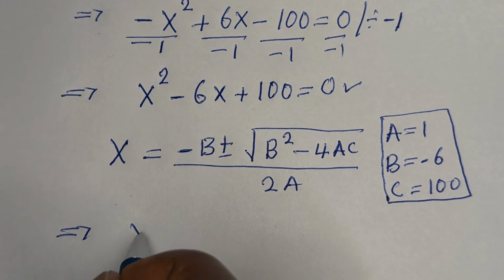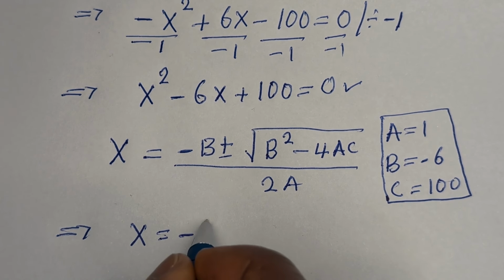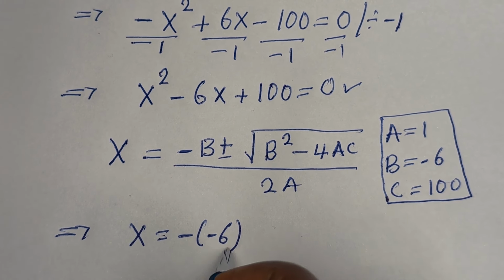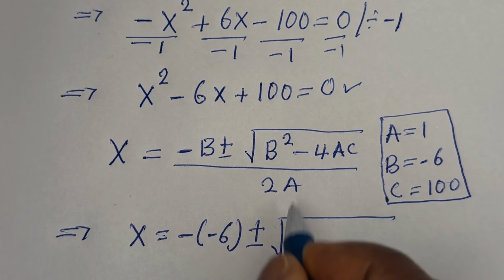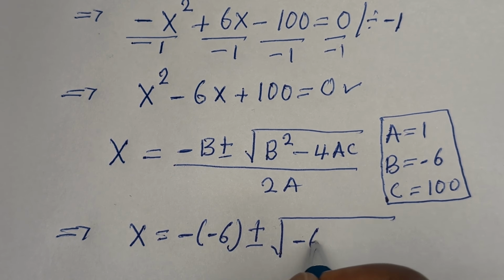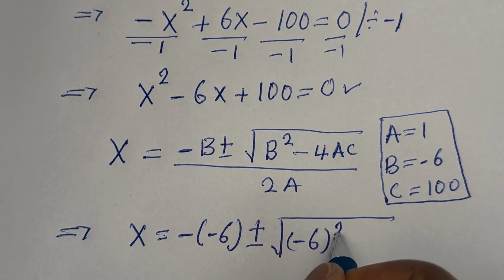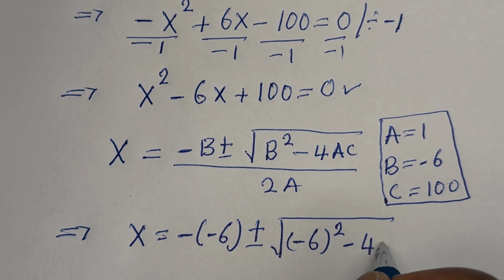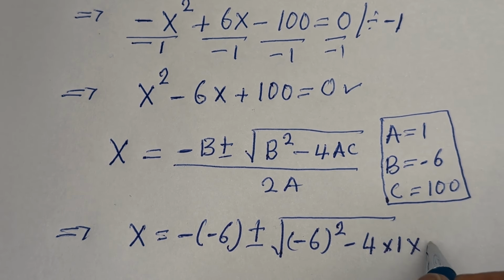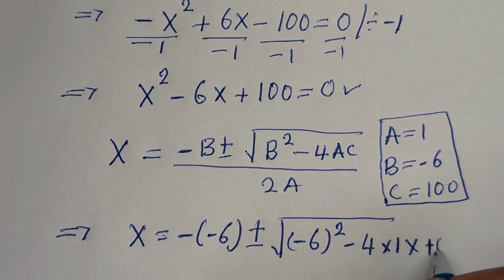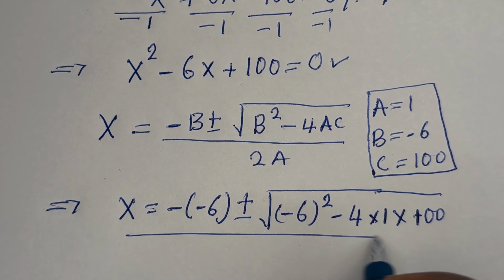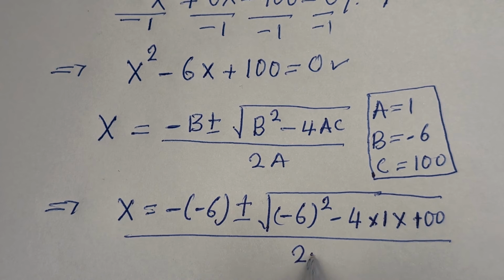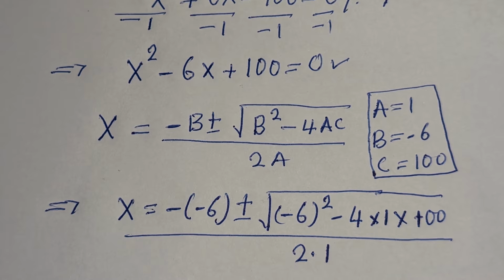Then s is equal to minus bracket minus 6, which is b, plus or minus square root of b square, that is minus 6 square, minus 4 multiplied by a, which is 1, multiplied by c, which is 100, over 2 multiplied by a, which is 1.